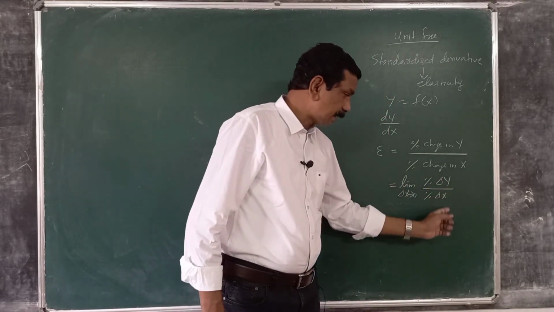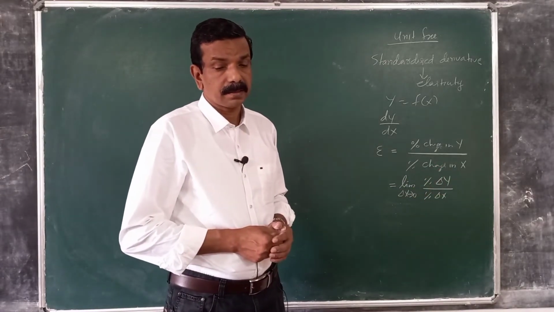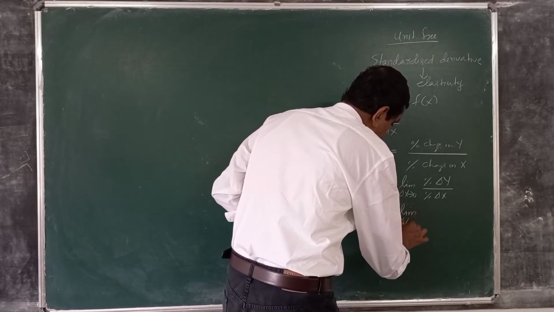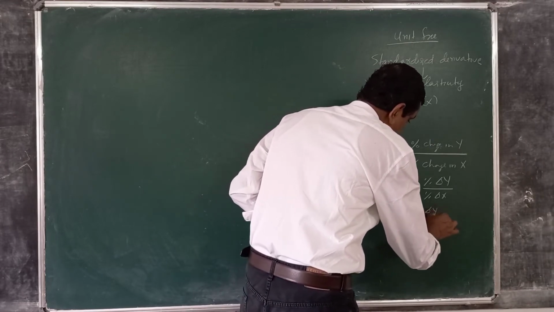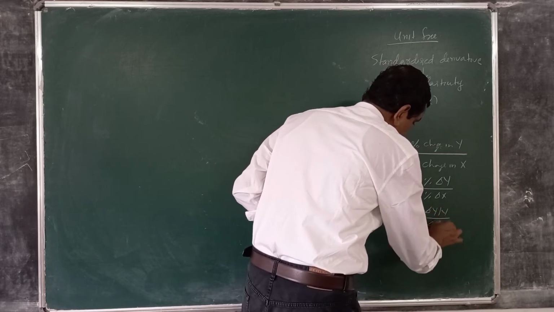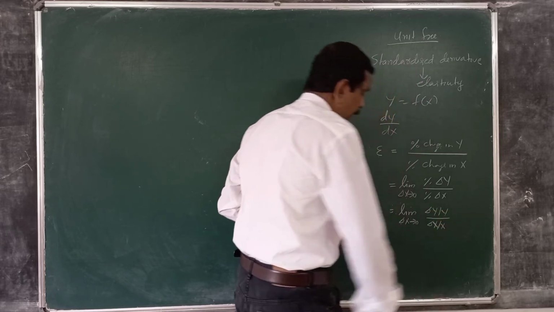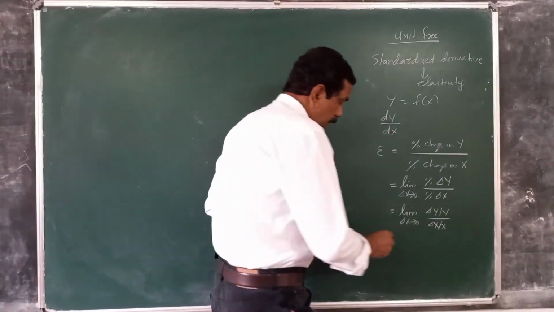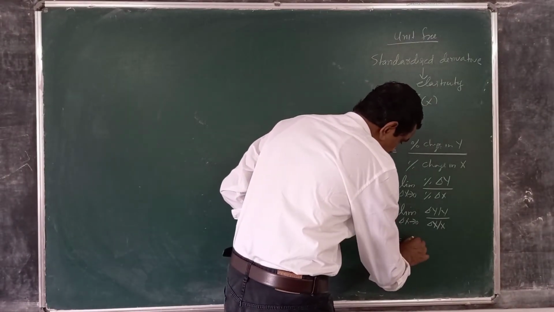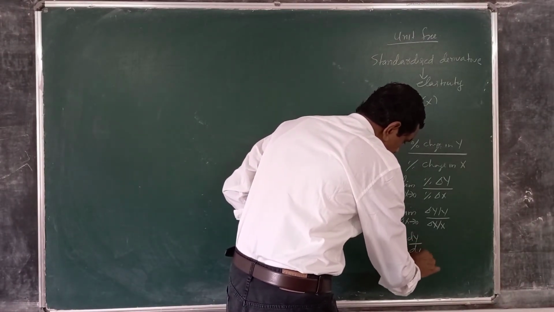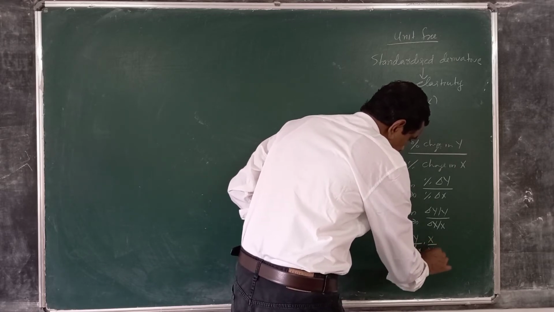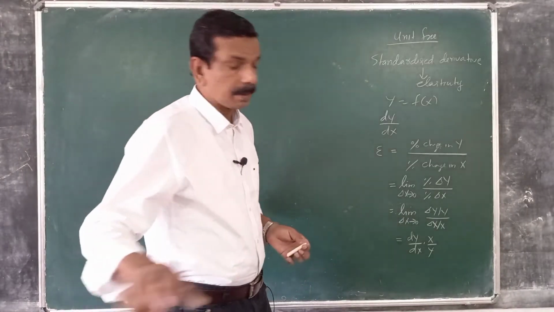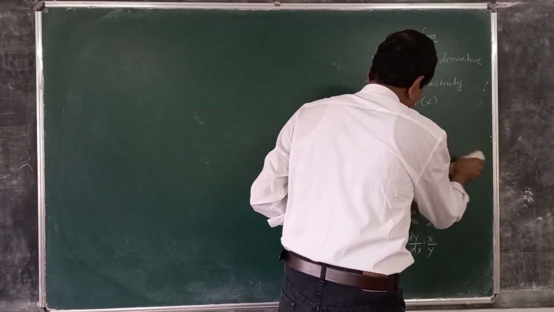Limit of percentage change in y by percentage change in x, or it is the limit, as delta x approaches 0, of (delta y by y) divided by (delta x by x), or it is equal to dy by dx into x by y.